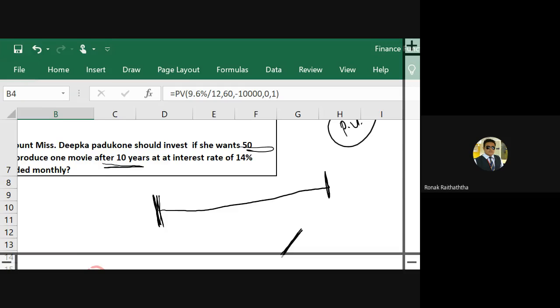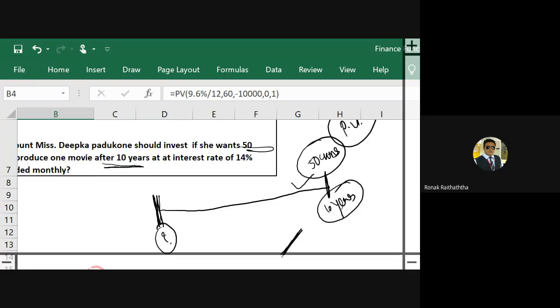After 10 years, she might be having some movie project. So here she wants some money, 50 crores. So it has been asked from us that what amount she should invest now so that she would be having the 50 crores in the future. So whether the future value is given to us or present value is given to us?